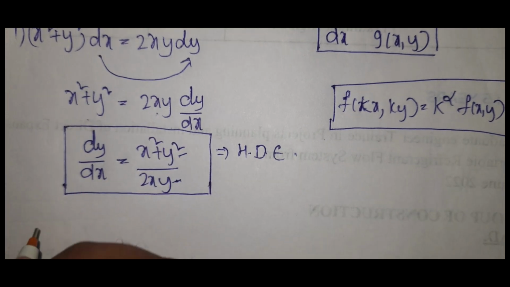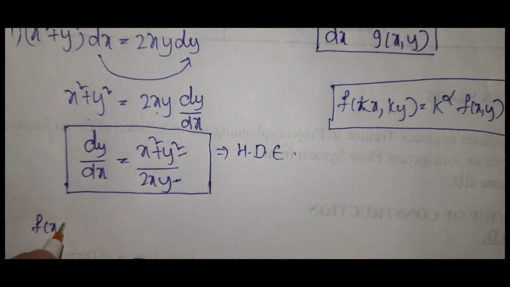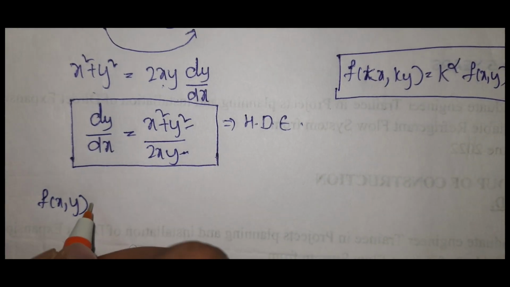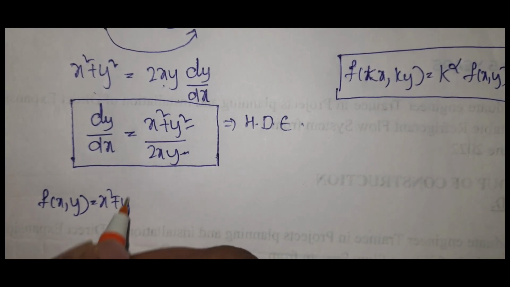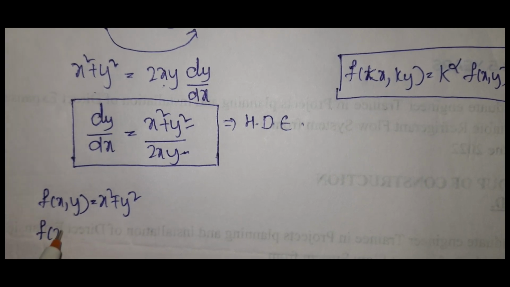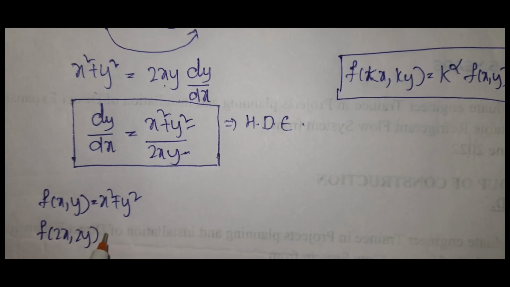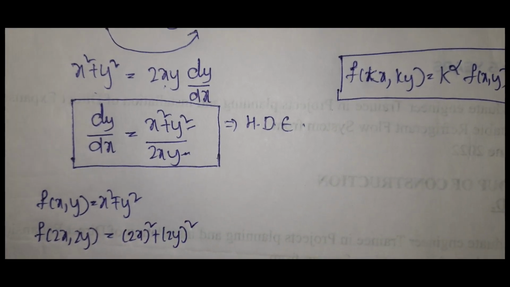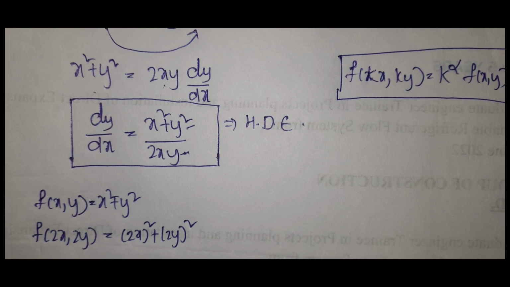The first function here is f of x comma y, that is x square plus y square. So I'm simply replacing it with 2x comma 2y, which gives 2x whole square plus 2y whole square, right? I'm replacing the value of x by 2x and the value of y by 2y.